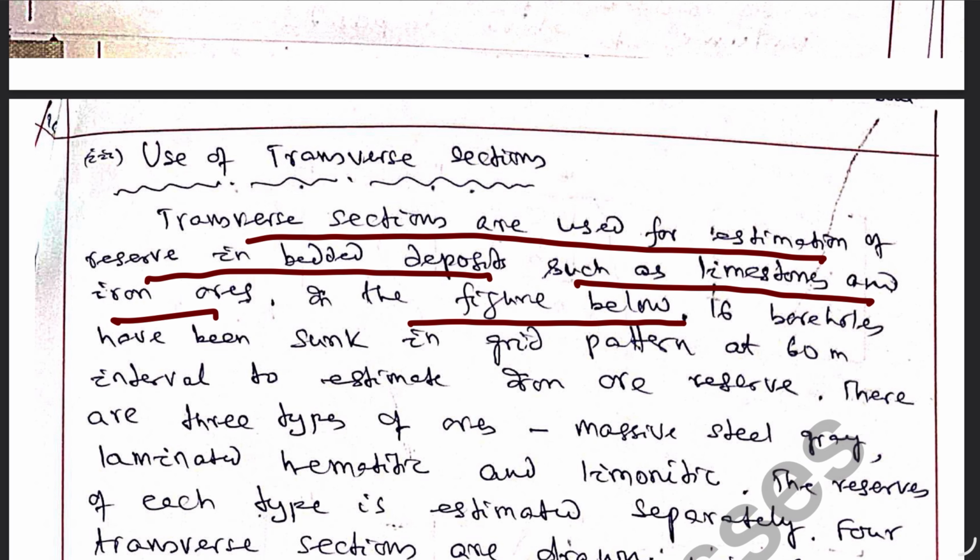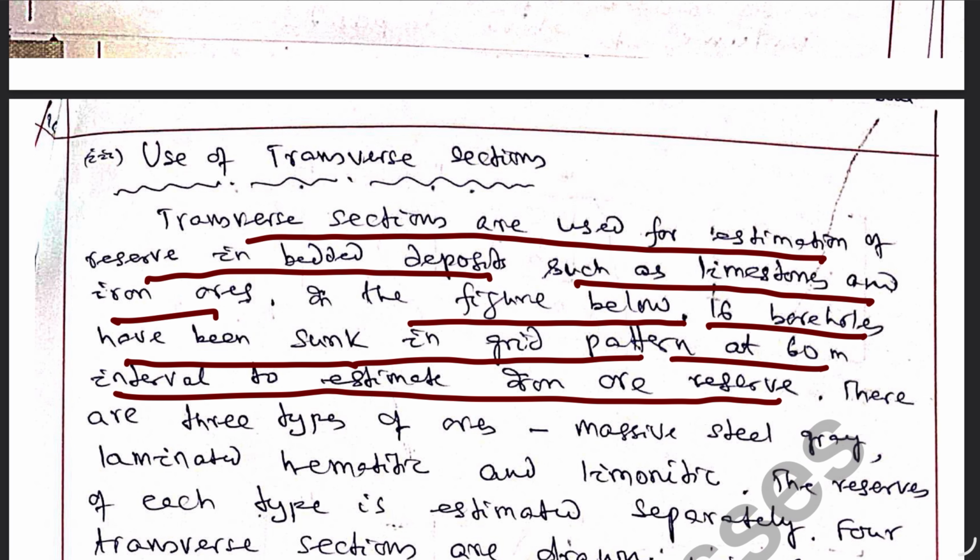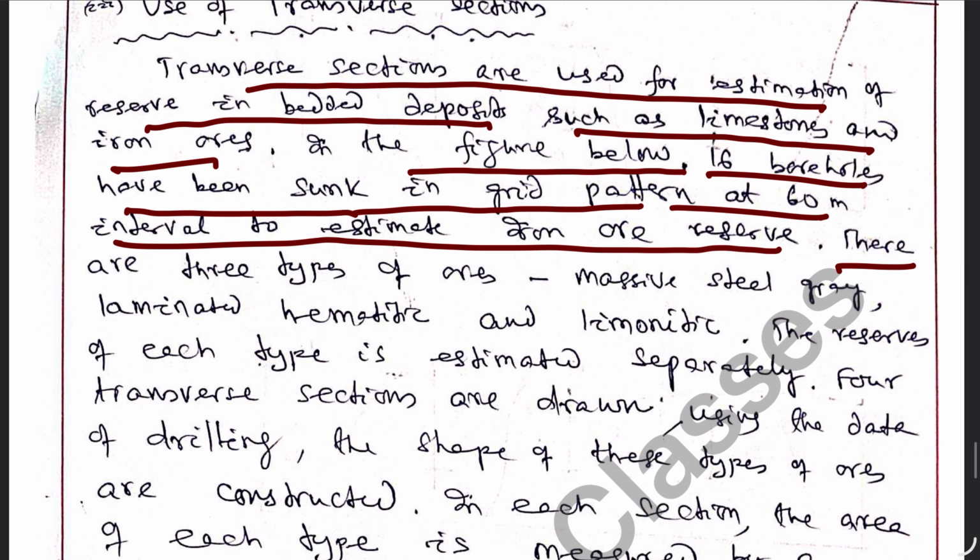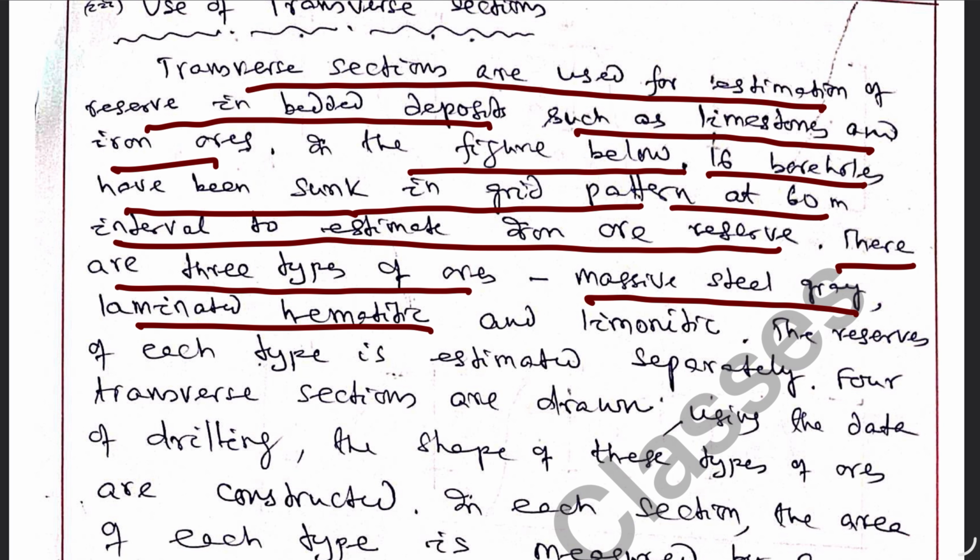In the figure below, there are 16 boreholes which have been sunk in grid pattern at 60 meter interval to estimate the iron ore reserve. There are 3 types of ores. Let us say massive steel grey ore, laminated hematitic ore, and limonite ore. The reserves of each type are estimated separately.